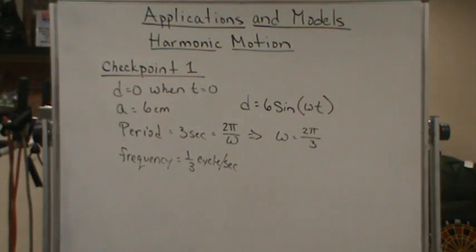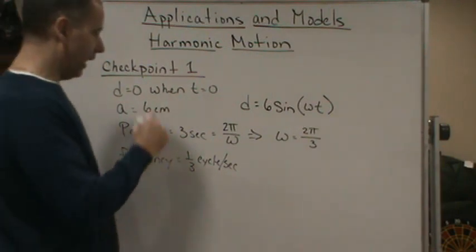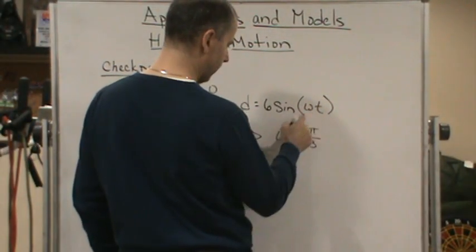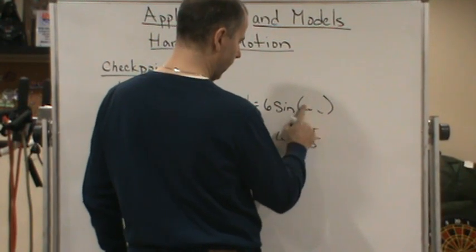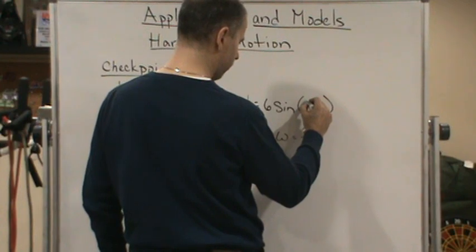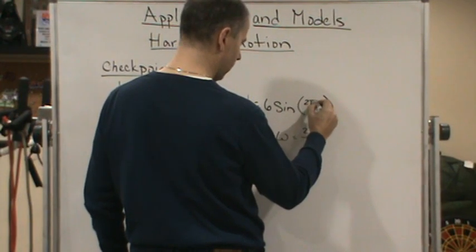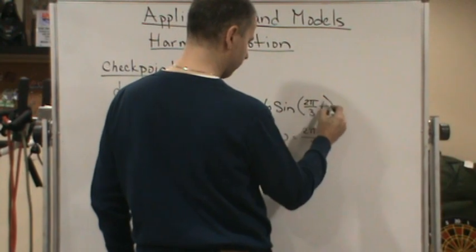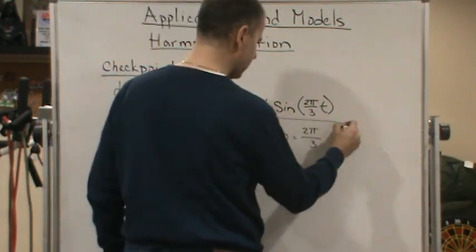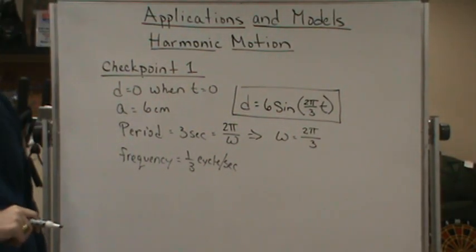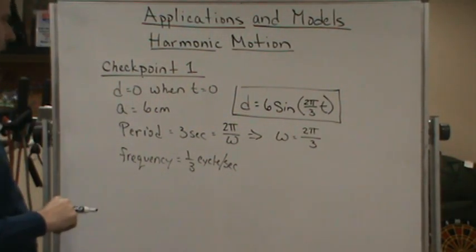We can't simplify that anymore. So now, we're going to plug in omega, and our final answer becomes d equals 6 sine of 2 pi over 3 times t. And so this is our function that models the harmonic motion of this particular example.